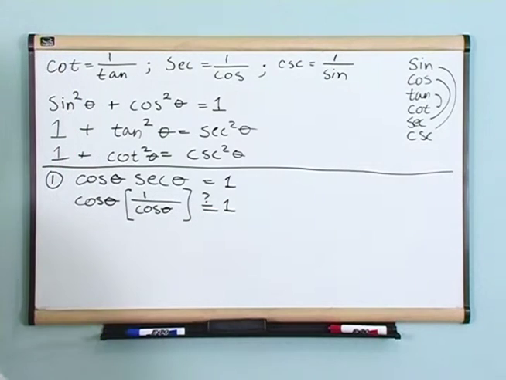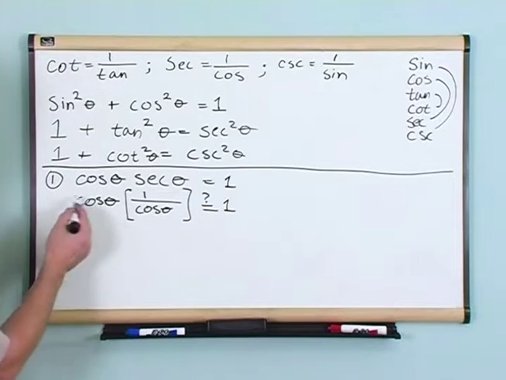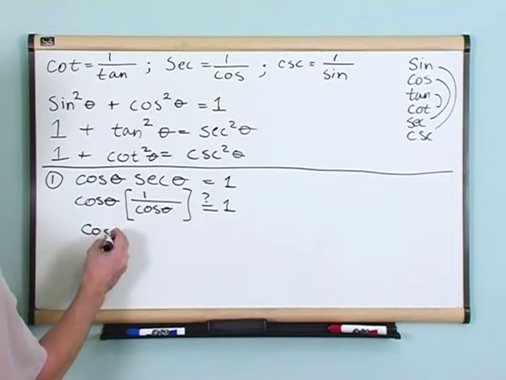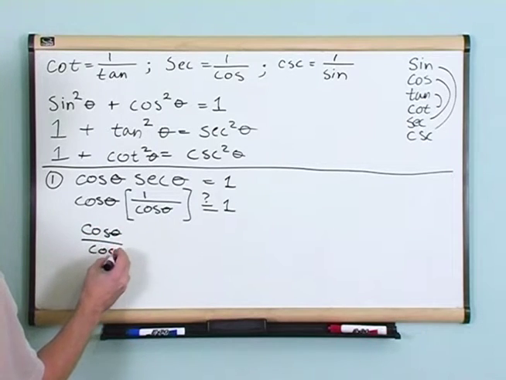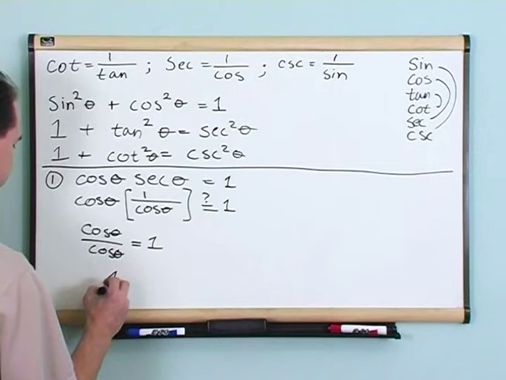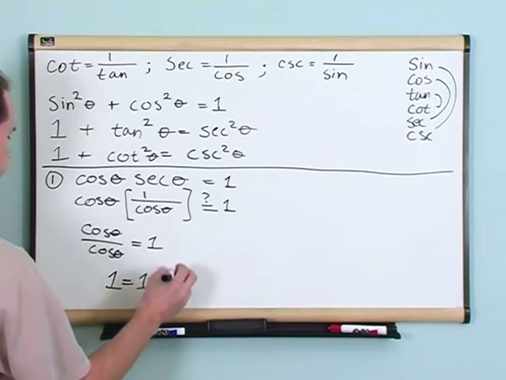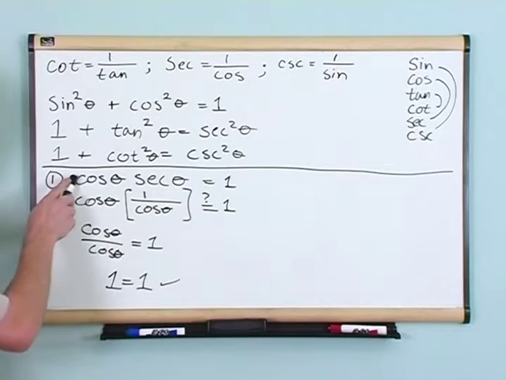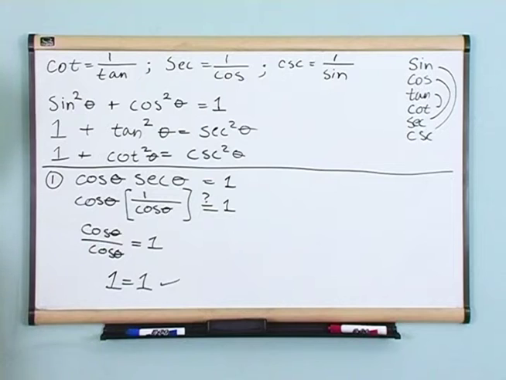Because I'm trying to prove that this identity is true. Of course, when I do this, I will see that I'll have cosine theta over cosine theta, which does equal 1. So what I have in the end is 1 equals 1. And the answer is yes, this does check out. So this initial thing I started with is in fact true.